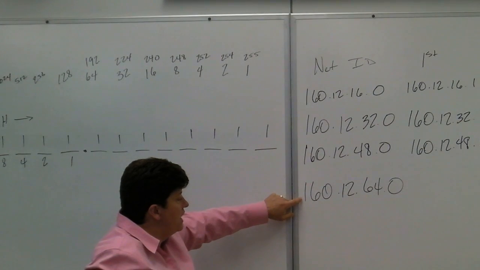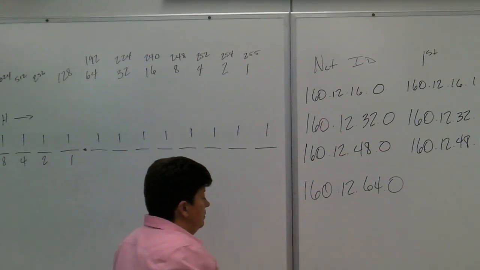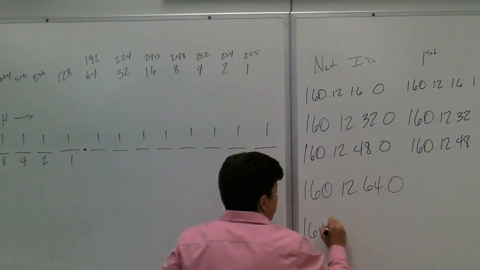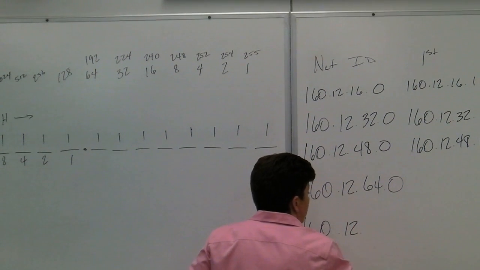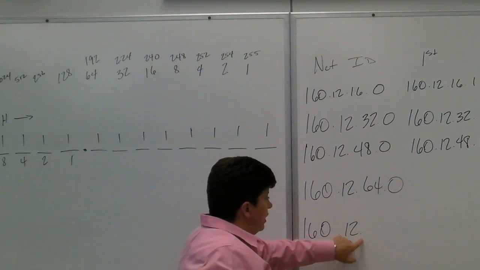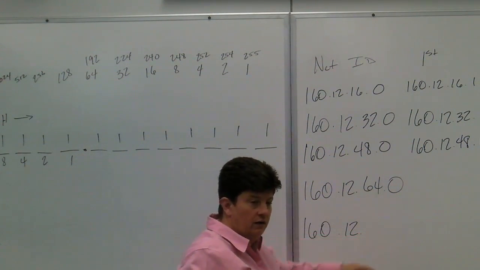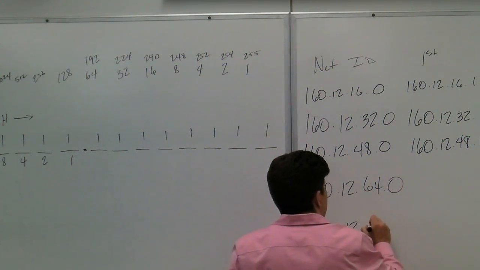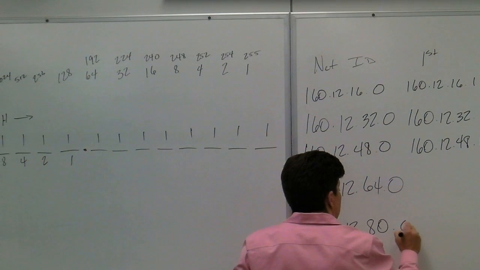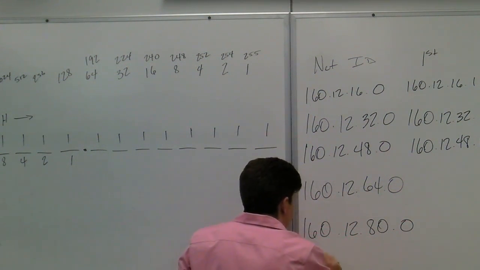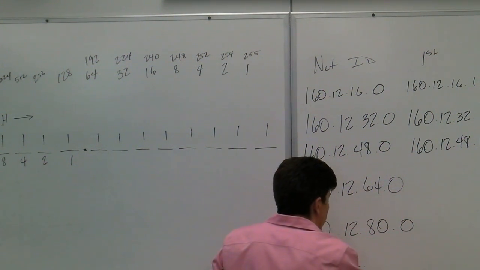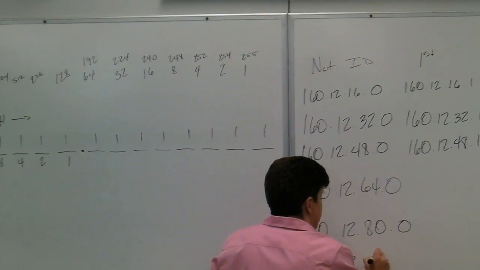What's your next network ID going to be? I got 160.12. 64 plus 16, 80. What's next? 96.